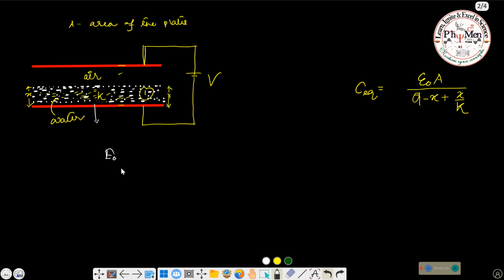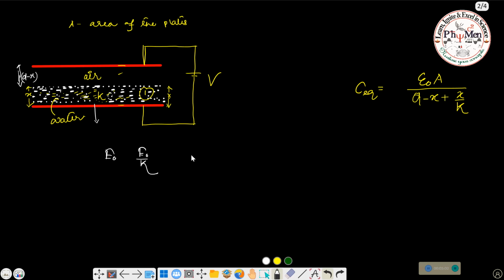Then the electric field in the space where the dielectric medium is present will be E0 by K. If the dielectric thickness is x, then the air thickness will be d minus x.